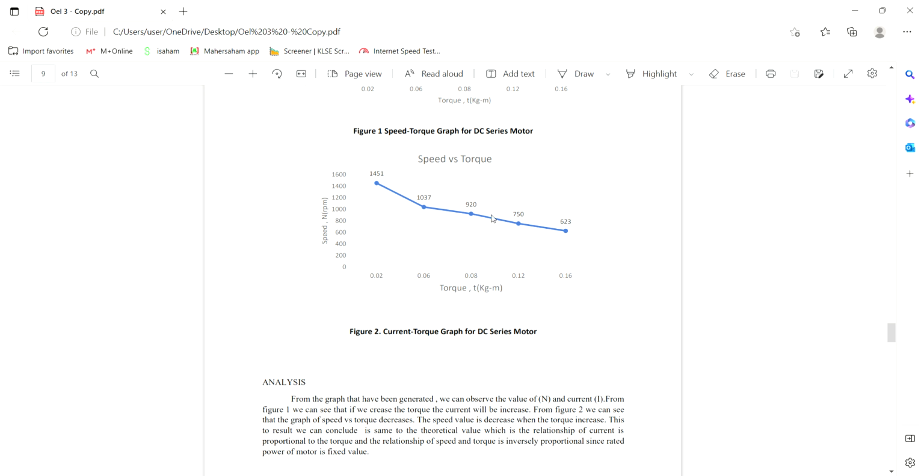And then this is for the speed versus torque, where the speed will be decreased when we increase the torque.